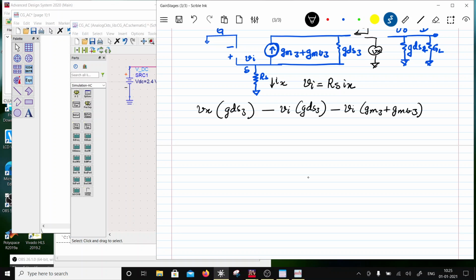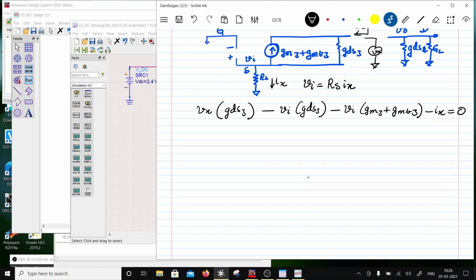And then there is a current Ix flowing in, so it has to be negative, and the sum is 0.